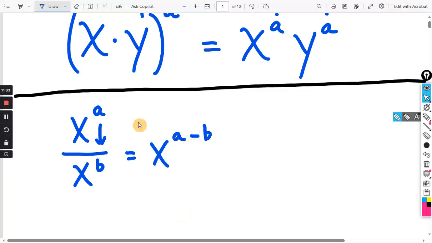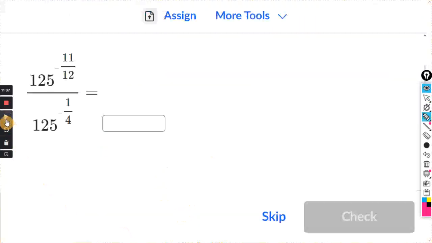So I'm going to use this property on this problem. Notice the 125 matches the 125. So the exponent, you just subtract going down. Negative 11 over 12 minus negative 1 over 4.